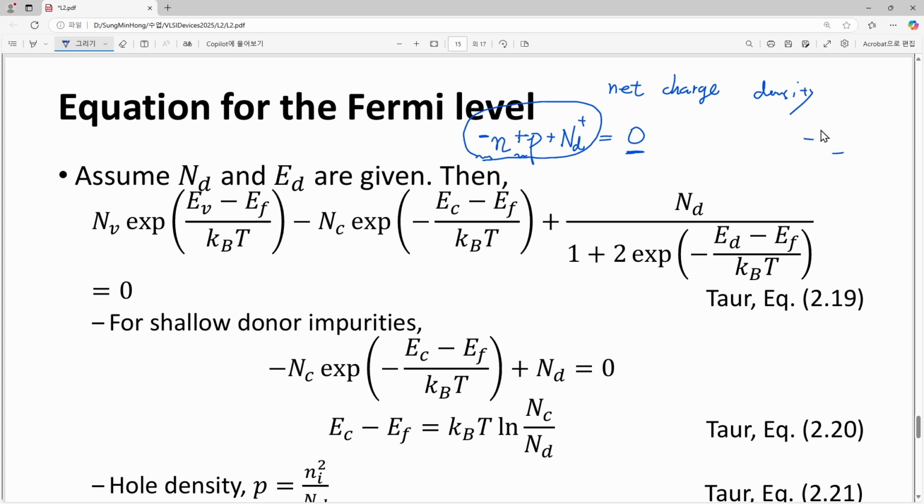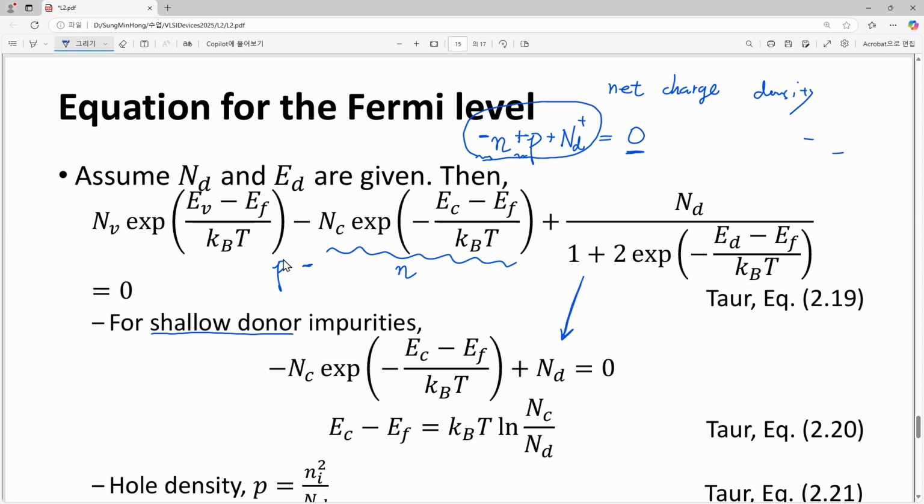Now, once again, if we look at equation 2.19, this corresponds to the hole density, this corresponds to the electron density, and finally we have the ionized donor density. But for shallow donor impurities, we can say that these donors are almost completely ionized. So now we can write it this way.